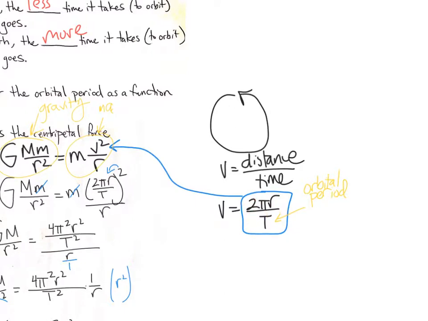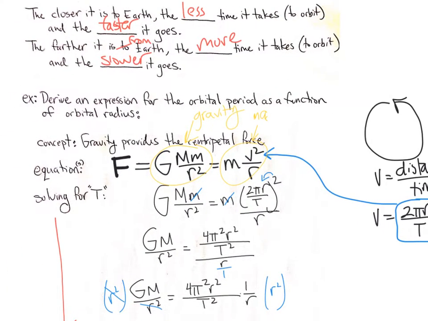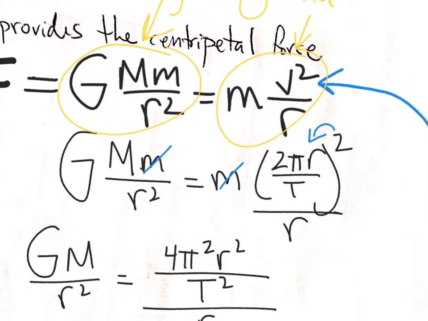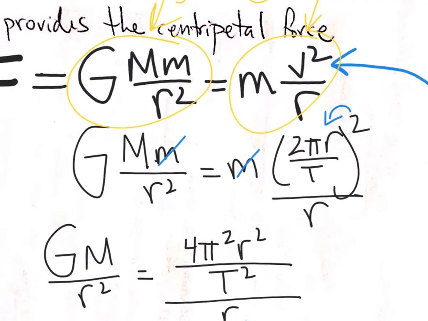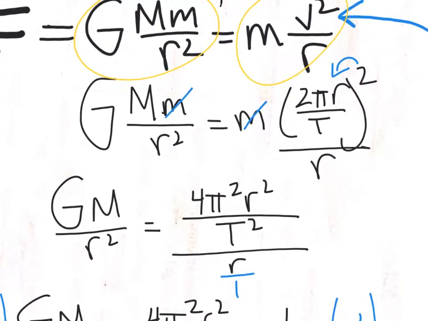So we're taking 2 pi r, substituting it in for v like this, and you should probably try this on your own, one, because it's totally fun, and two, it's good practice with your algebra skills. We're basically taking this expression and solving it for t, trying to get t all by itself.